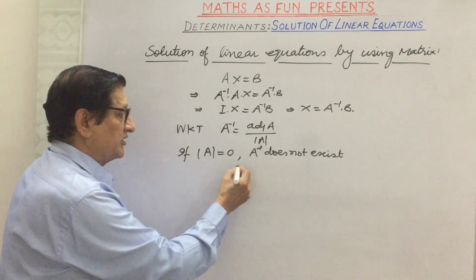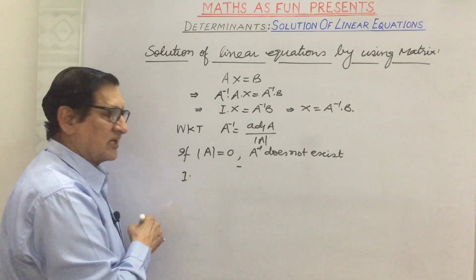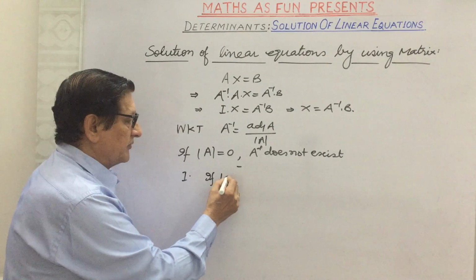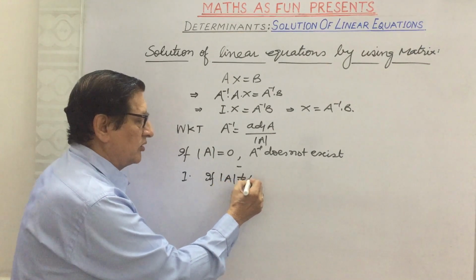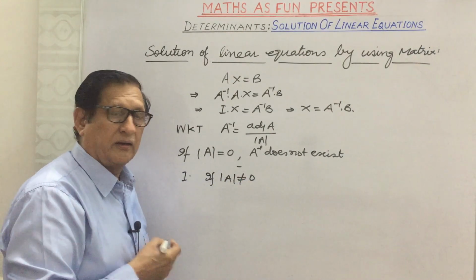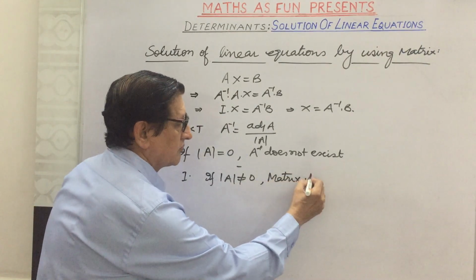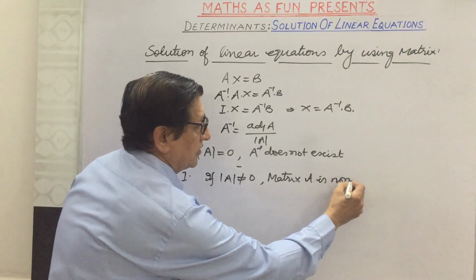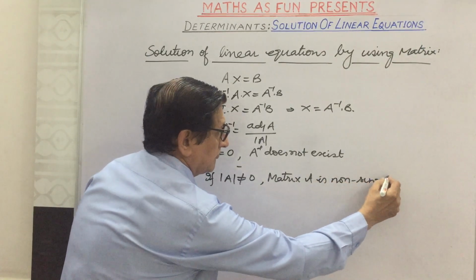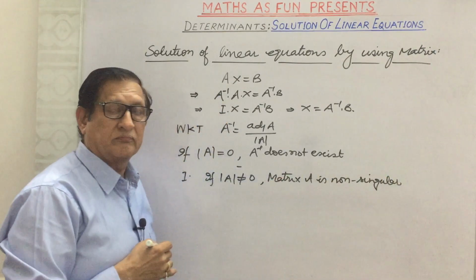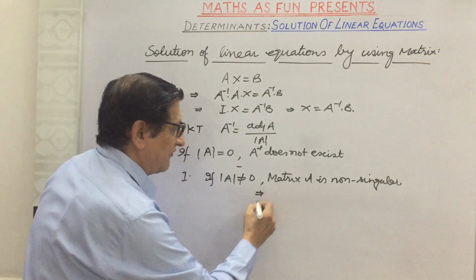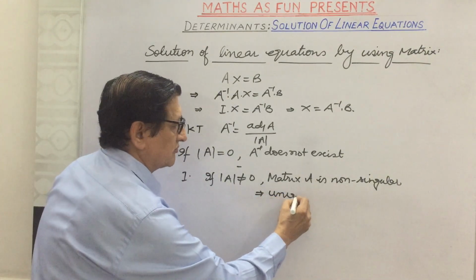Then we have the conditions. Number one condition says, if determinant A is not equal to 0, it means matrix A is non-singular. Then we will have a unique solution.